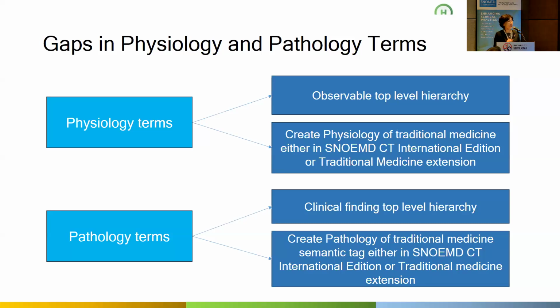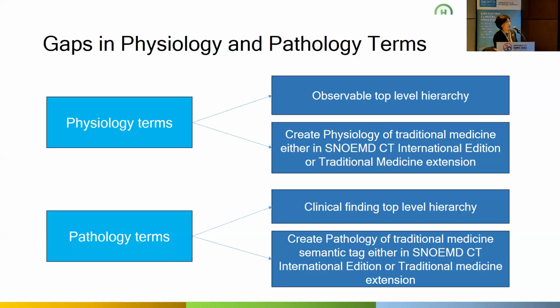And I thought that since we are really asking whether this person has a yang side or this person has a cold side, that's an observable entity. But Young disagrees. Anyway, I thought that we could create an observable-level hierarchy just for traditional medicine, or we could have a branch to accommodate this concept.